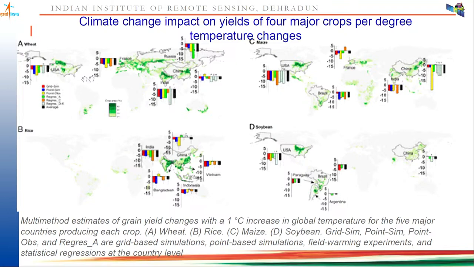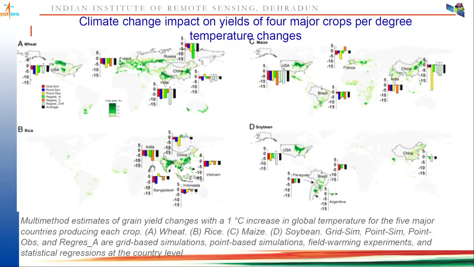For the wheat crop, mainly India will see around a 10% decline in productivity with a 1 degree temperature rise in the future. But comparatively China is going to experience a little less, 5 to 6 percent.